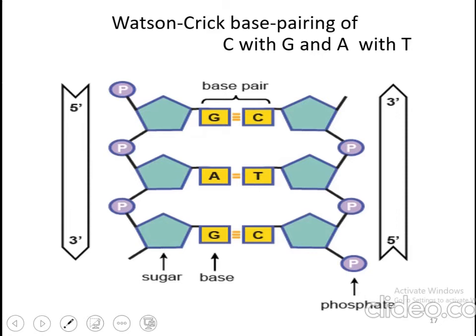Watson and Crick base pairing of C with G and A with T. This is known as 3'-5' pairing, also 5'-3' base pairing, because the fifth carbon of the pentose sugar is attached to the base, and when the third carbon is attached to the pentose sugar, this is now represented by 3.